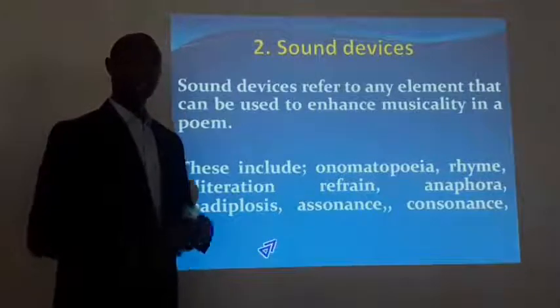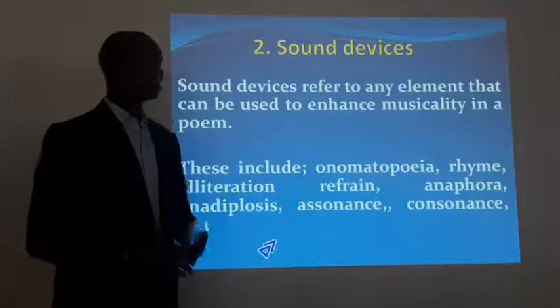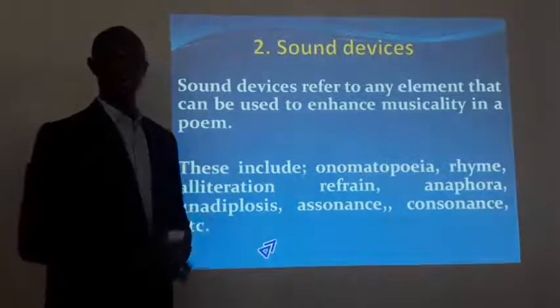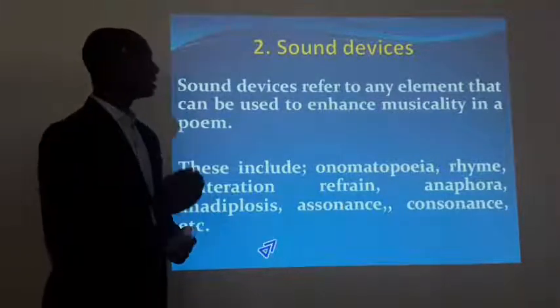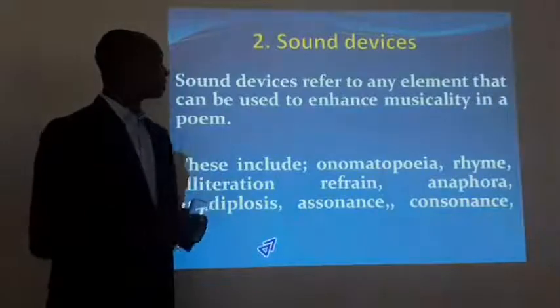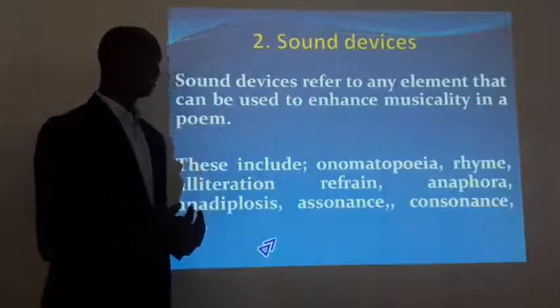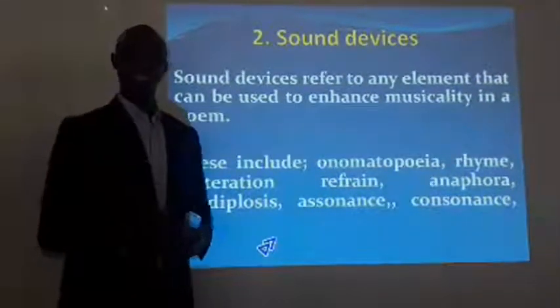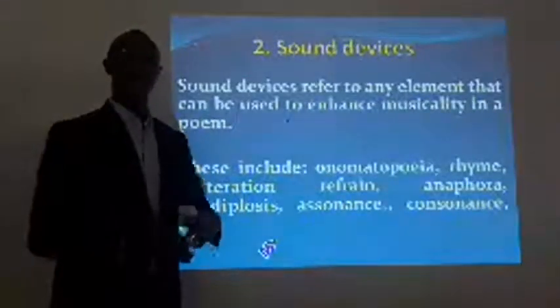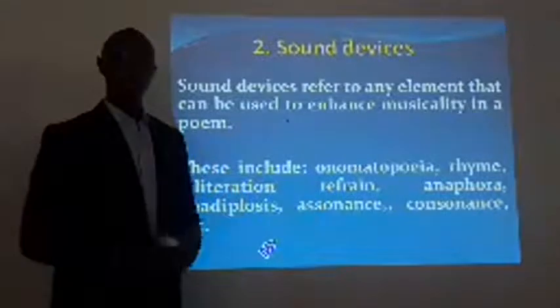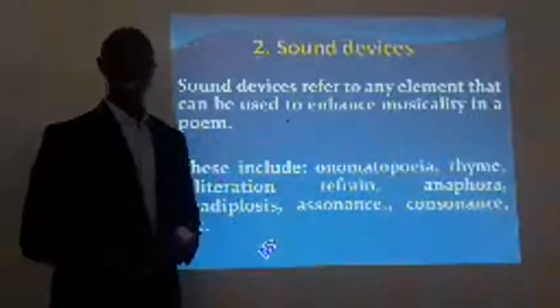The second category of poetic devices is sound devices, sometimes called musical devices. Sound devices refer to any element that can be used to enhance musicality in a poem. Don't forget, a poem is meant to be sung, differently from a novel which is meant to be read, or from a play which is meant to be acted on stage.